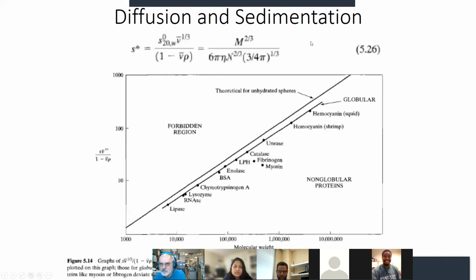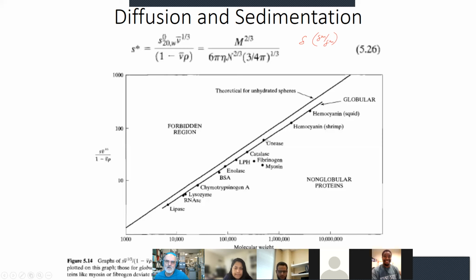There's so much water bound per gram of protein, so it's usually expressed as some kind of delta term, usually grams of water per gram of protein. This delta term is usually a correction.